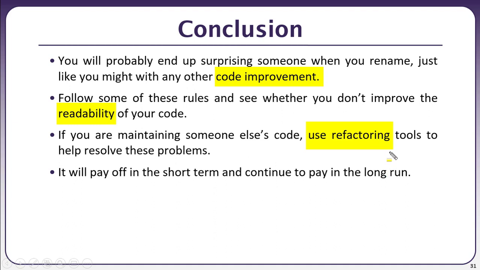So probably I'm not writing new code, but I'm fixing or improving already existing code, then I can definitely follow this technique. And if I rigorously follow those principles and adopt them for my future development, they will definitely pay off in the short term and continue to pay me in the long run by improving the quality of my code, which is one basic principle of software construction.